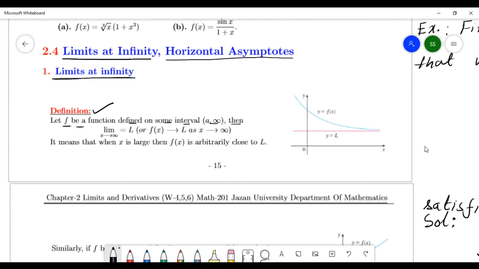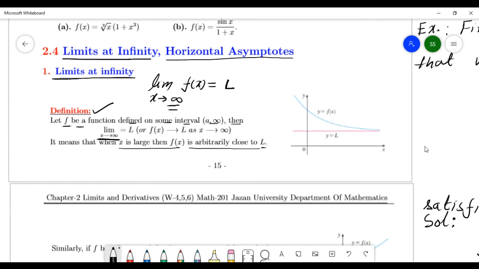Then the limit as x goes to infinity of f of x equal to L, this number L, means that when x is large, then the function f of x is close to L. Okay.